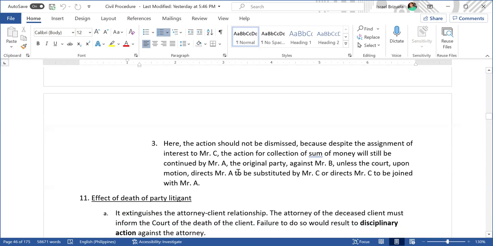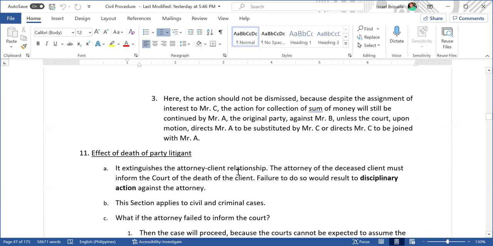Hence, the action should not be dismissed because despite the assignment of interest to Mr. C, the action for collection of sum of money will still be continued by Mr. A, the original party, against Mr. B, unless the court upon motion directs Mr. A to be substituted by Mr. C, or directs Mr. C to be joined with Mr. A.